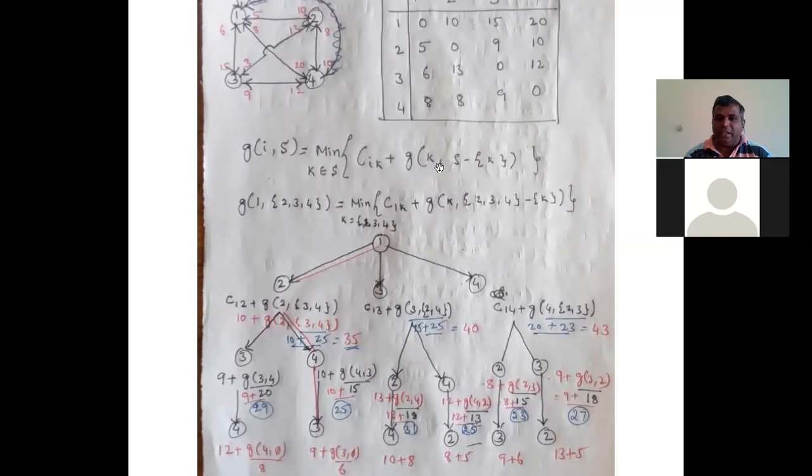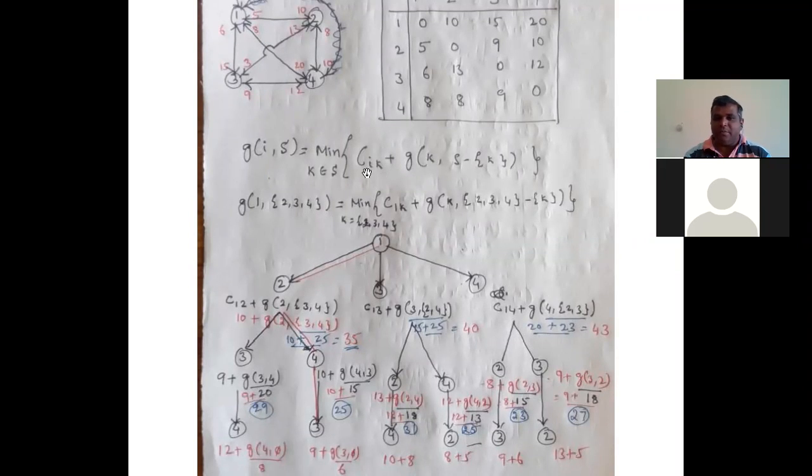K is the intermediate node, comma the remaining nodes. S is the main set, all the unvisited nodes we can say, minus the set. What set? Which node we are going to visit. So all the remaining nodes. Then recursively we are calling this G function.